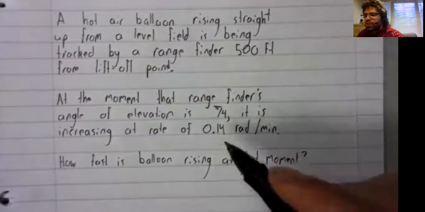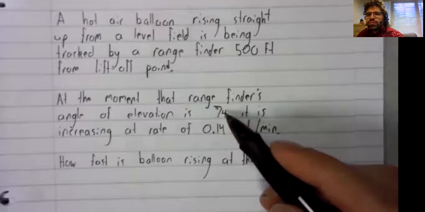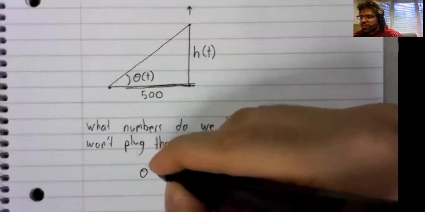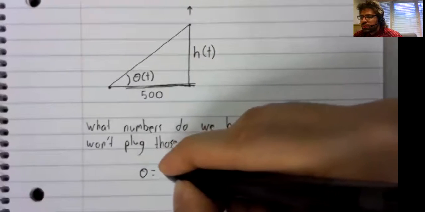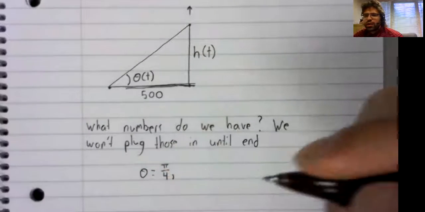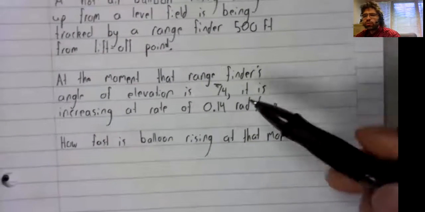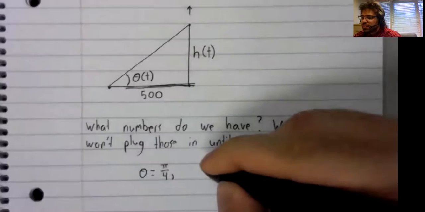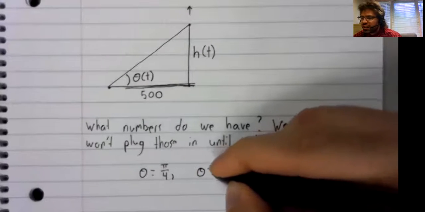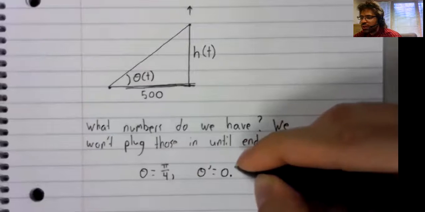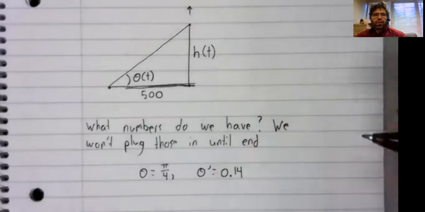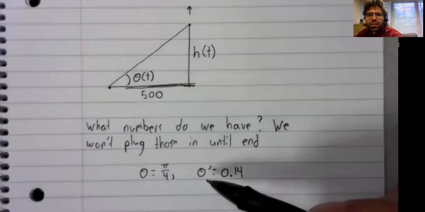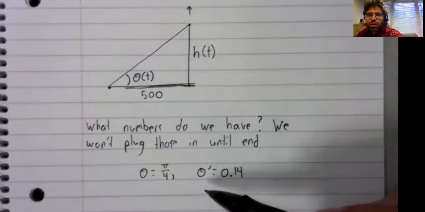So we're told what's happening when the angle is pi divided by 4. So let's write that down. And we're told how the angle is changing at that moment. It's increasing at a rate of 0.14. But as I say, we're not going to plug these numbers into anything until the end of the problem.